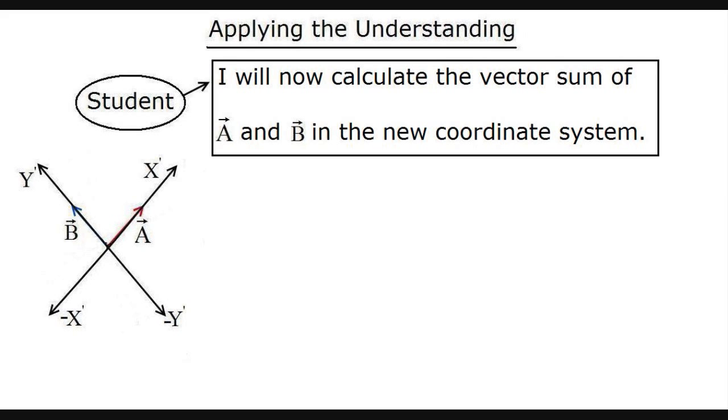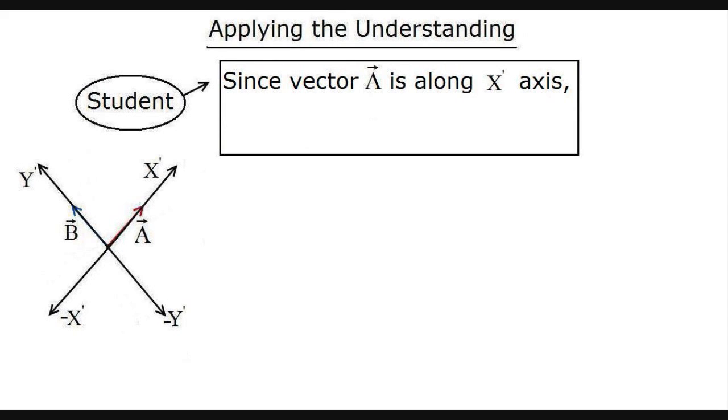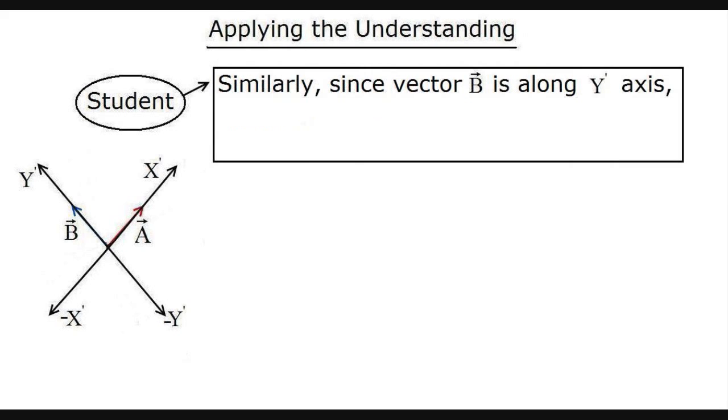I will now calculate the vector sum of a bar and b bar in the new coordinate system. Since vector a bar is along x prime axis, vector a bar is equal to 3 times i hat. Similarly, since vector b bar is along y prime axis, vector b bar is equal to 3 times j hat.